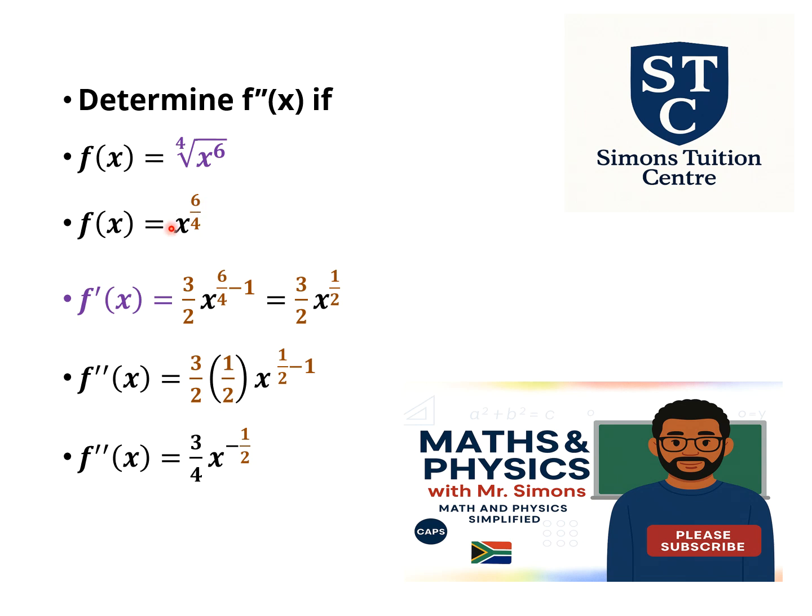So this times 1 would become 3 over 2. 6 over 4 minus 1, which gives me 3 over 2, and there that would be 4 over 4. So if I subtract, 6 over 4 minus 4 over 4 gives me 2 over 4, which simply becomes half. For the second derivative, it's going to be half times the 3 over 2. So 1 times 3 gives me 3, 2 times 2 gives me 4, and half minus 1 then becomes negative half.